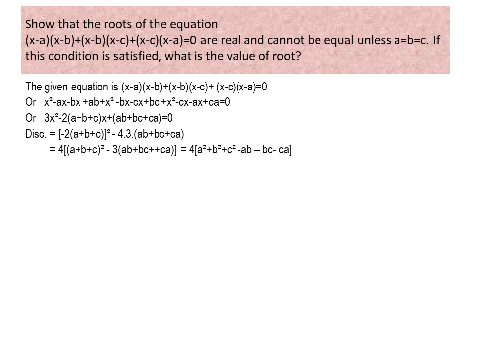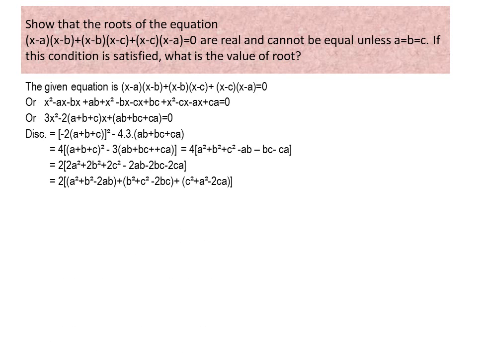Now this comes out to be 4 into (a plus b plus c) whole square minus 3 into (ab plus bc plus ca), which is equal to 4 into (a square plus b square plus c square minus ab minus bc minus ca). Let's take 2 inside, and this comes out to be 2 into (2a square plus 2b square plus 2c square minus 2ab minus 2bc minus 2ca).